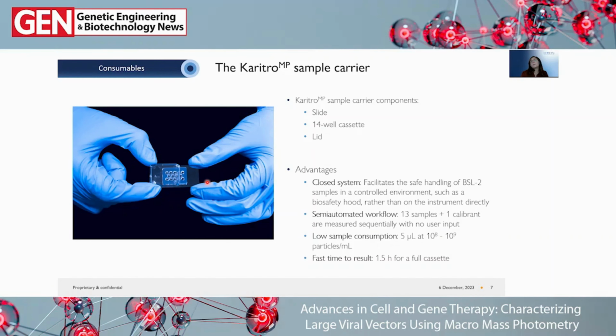We are talking about 5 microliters of sample at the optimal concentration of 10 to the 8, 10 to the 9 particles per milliliter. And this sample carrier helps obtain a measurement of a full cassette in a fast manner, because it takes up to 1.5 hours.